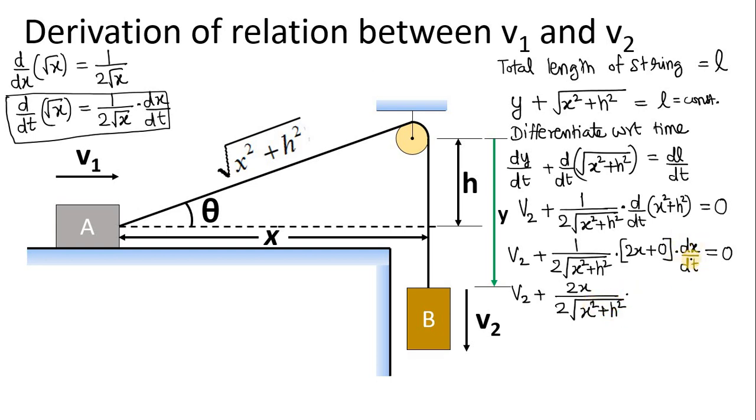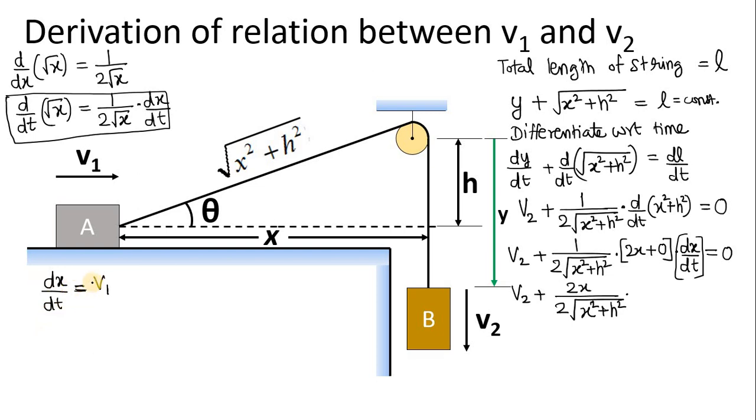And dx by dt, what is the meaning of this dx by dt from the figure? If you see the diagram, x is the distance of the block A from the edge of the table. As the block A will move rightwards, this x distance will decrease. Therefore, the rate of change of x, dx by dt, should be equal to velocity v1.